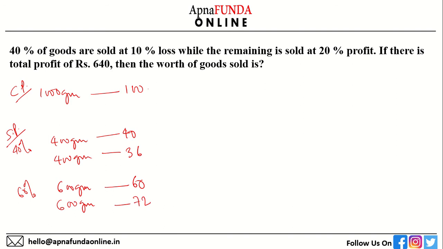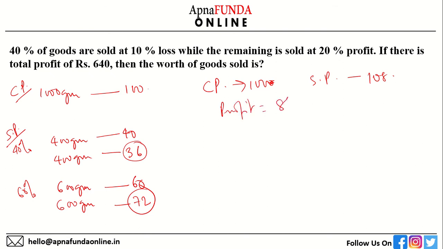selling price is 72. We have the selling price, we have the cost price. Cost price is 100, selling price is 36 plus 72, 108. Profit is 8%.